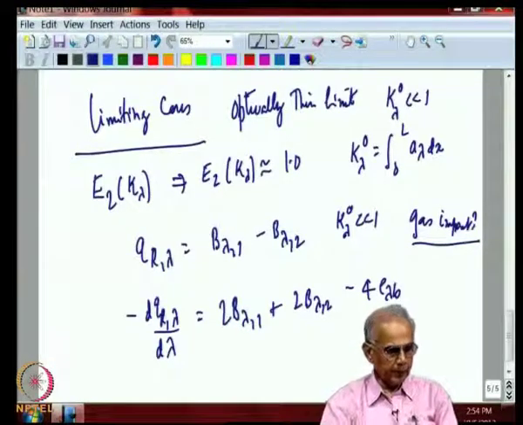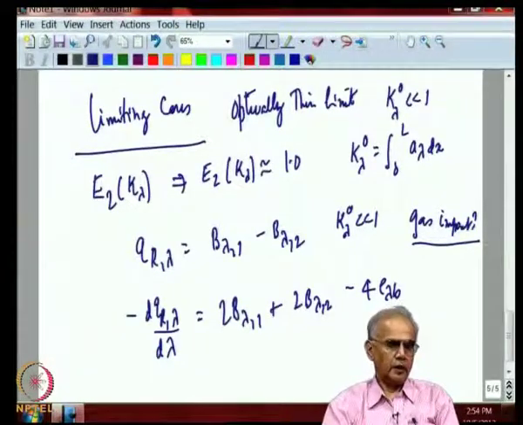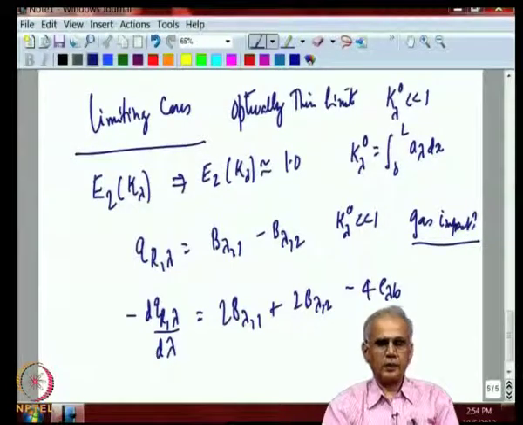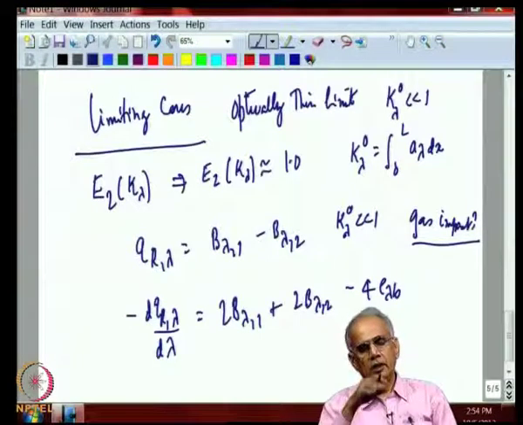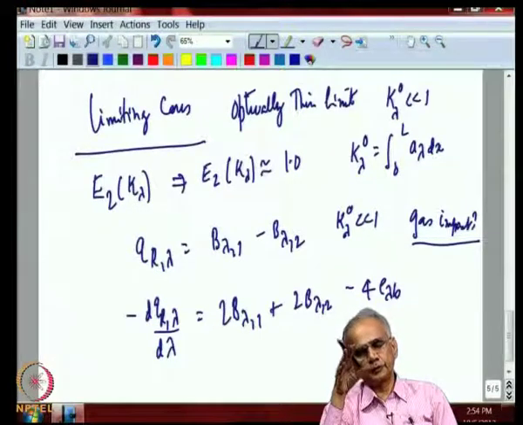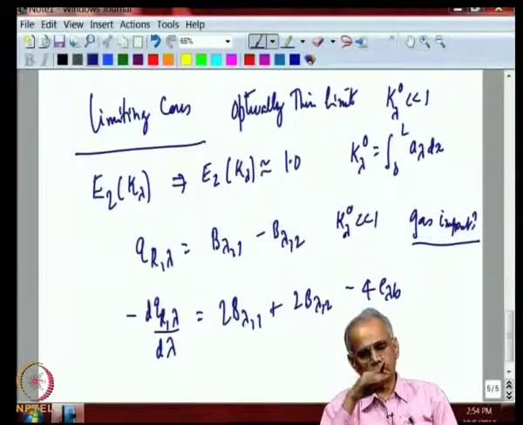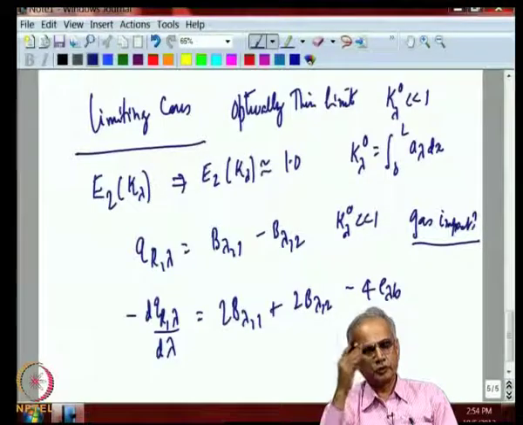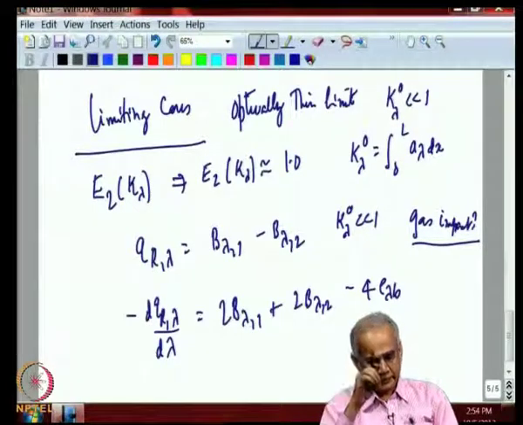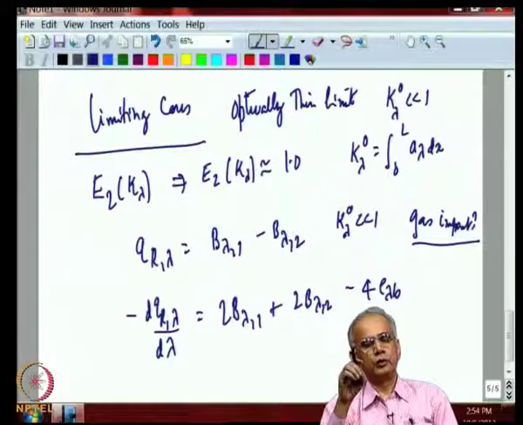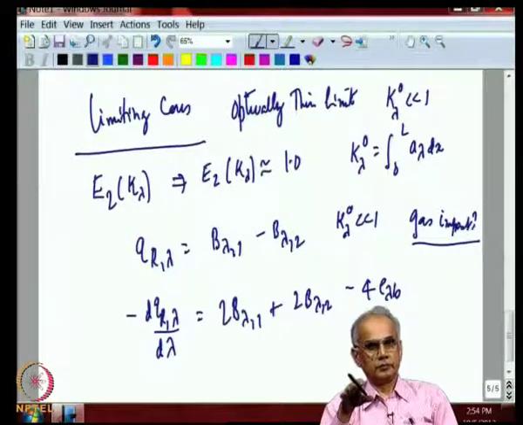Now, the optically thin limit is not very common, which is understandable, because as I pointed out earlier, one of the features of the absorption coefficient is that it varies very strongly as a function of wavelength. At one wavelength it will be very strongly absorbing, and at the adjacent wavelength it does not absorb at all.